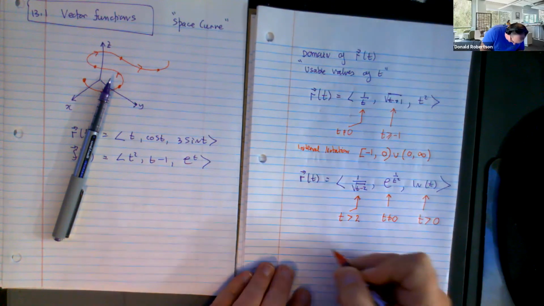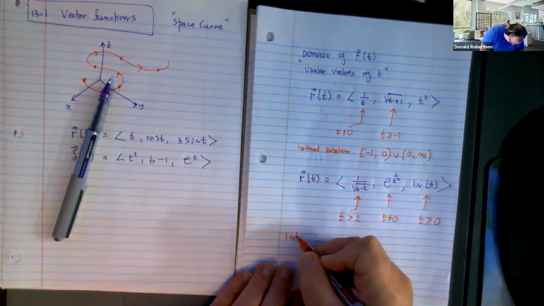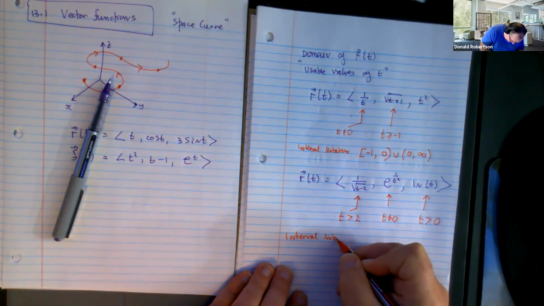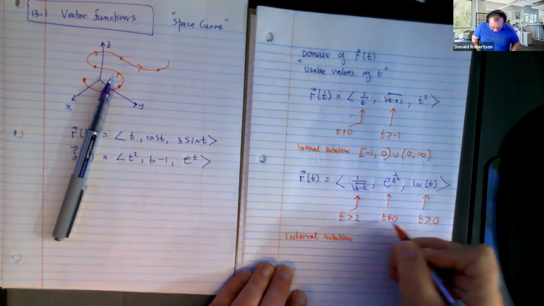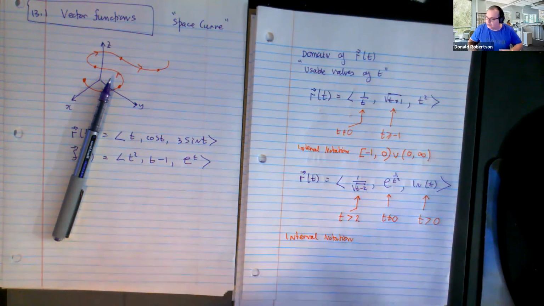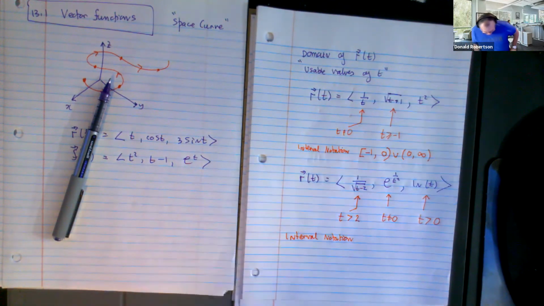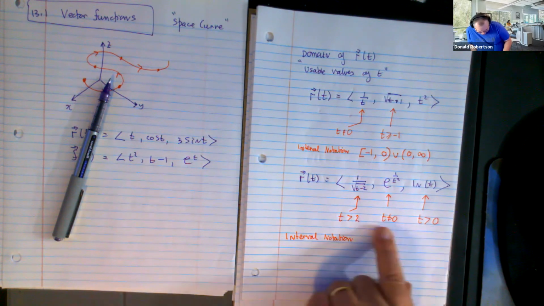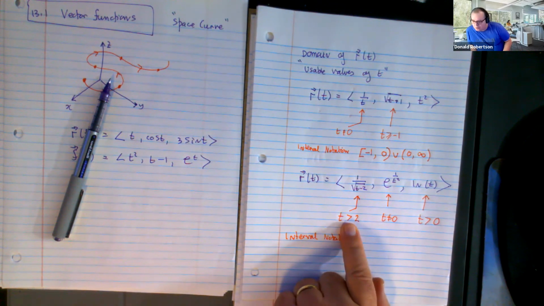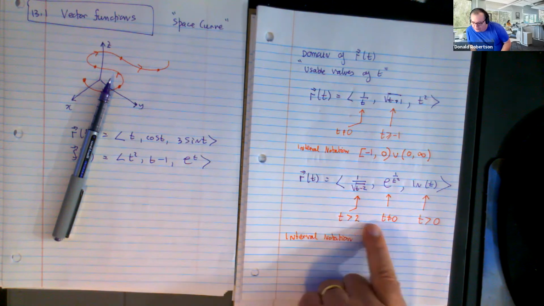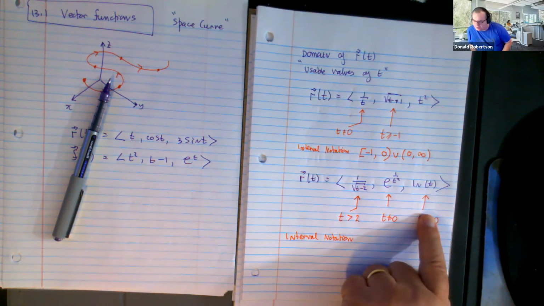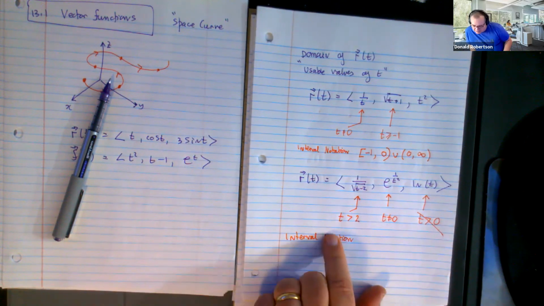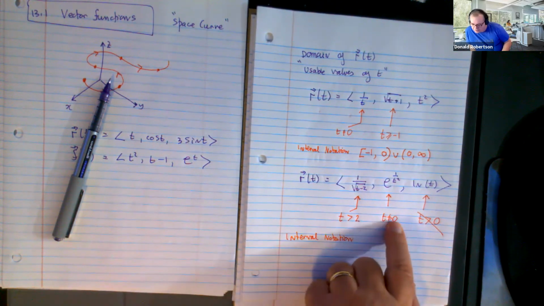Now, you have to be a little bit careful. We have to combine all of these restrictions into an interval or intervals, right? So what do I know? It has to be greater than 0, and it has to be greater than 2. Well, if it has to be greater than 2, doesn't that supersede this one? So I can ignore that one. It has to be greater than 2, and it's not allowed to equal 0.